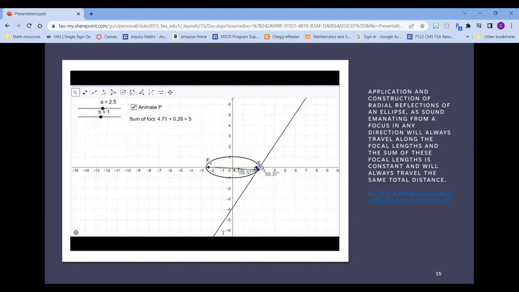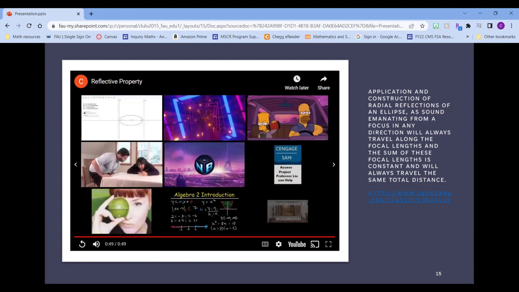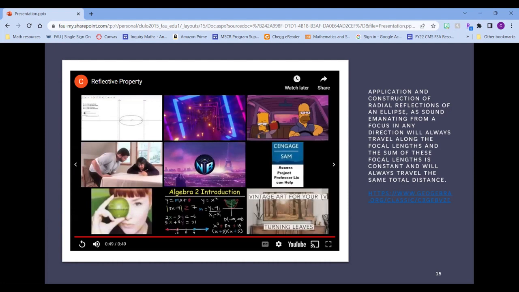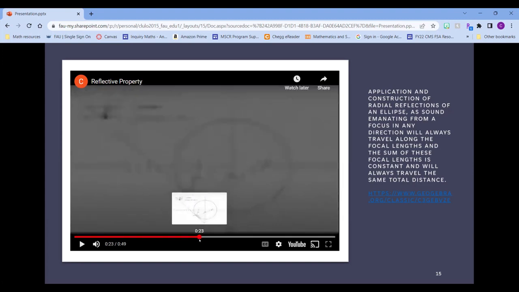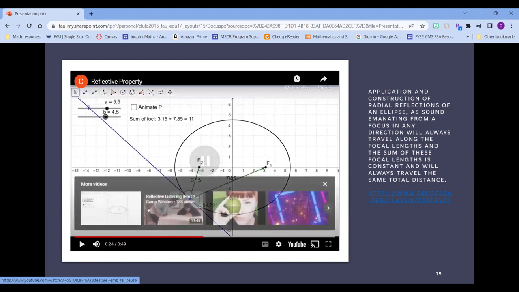And if someone was standing, let's say on F2 and said something while they were in a place such as St. Paul's Cathedral in London or the Capitol in the US here, if you were to stand on that foci and whisper something, let's pause it here.